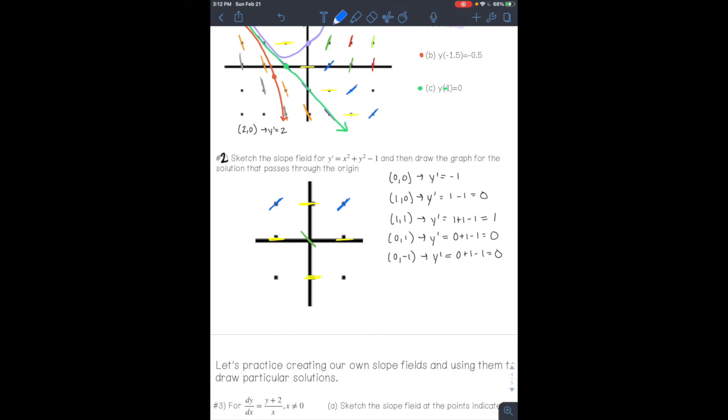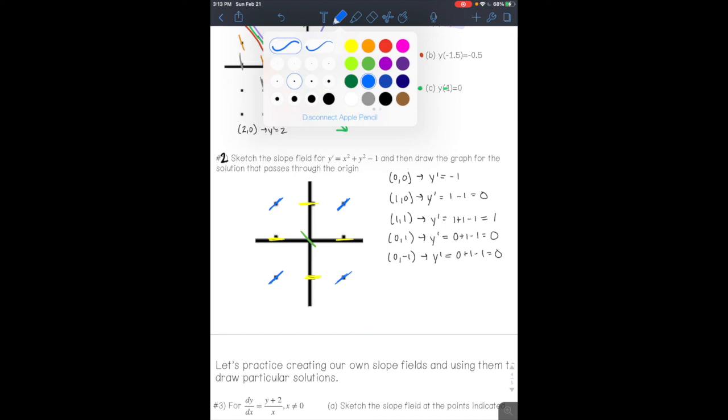So at the point negative 1, 1, I should have a slope of 1. At negative 1, negative 1, that's 1 plus 1 minus 1, so I should also have a slope of 1. And at 1, negative 1, also going to have a slope of 1.